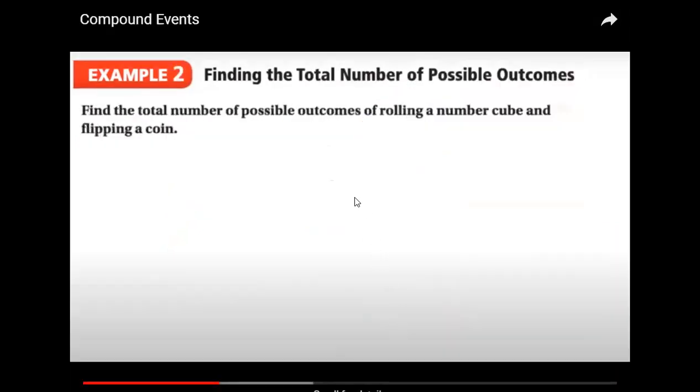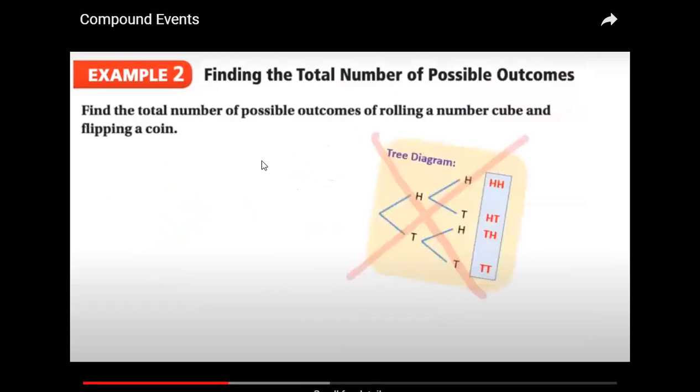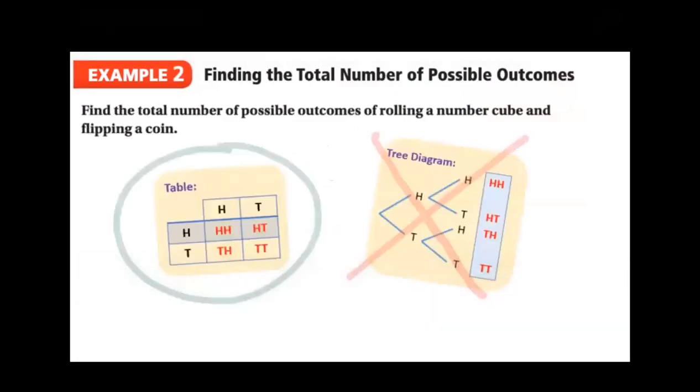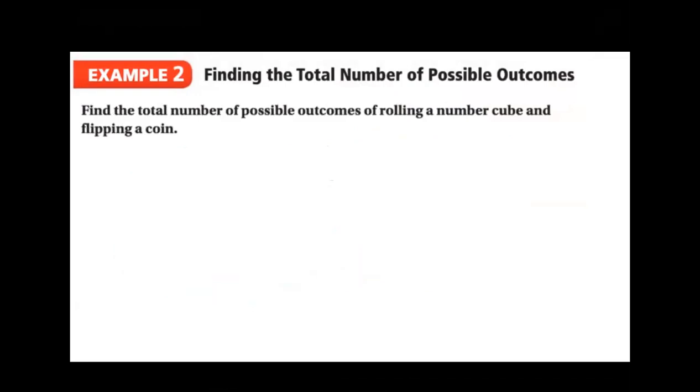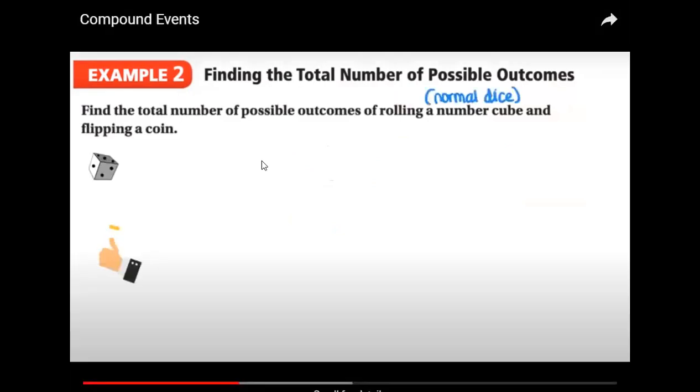In our second example, we're going to be finding the sample space to help us determine the total number of possible outcomes. Unlike the last example, instead of a tree diagram, we're going to use a table. So this question says, find the total number of possible outcomes of rolling a number cube, so regular dice, and flipping a coin.